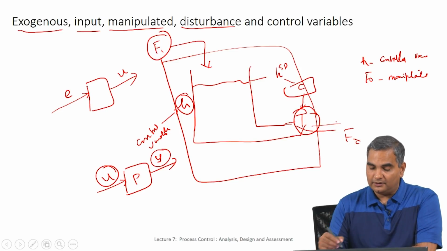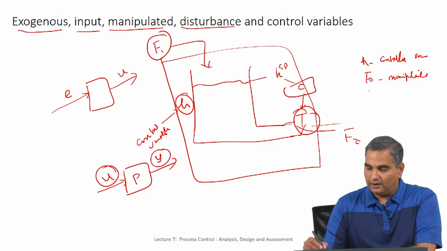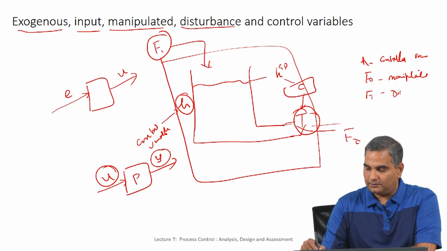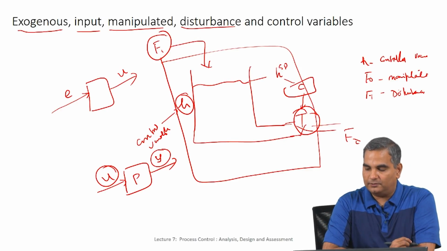So, in other words, we are controlling the height of this tank by manipulating the outlet flow rate. Okay. In which case now Fi, which is the inlet flow rate, is uncontrolled, this is now the disturbance variable. Okay. So, this is one configuration that you could possibly have.